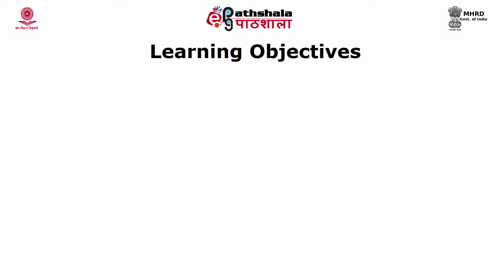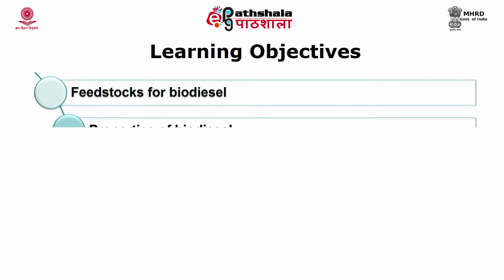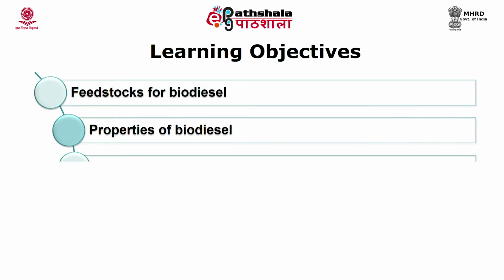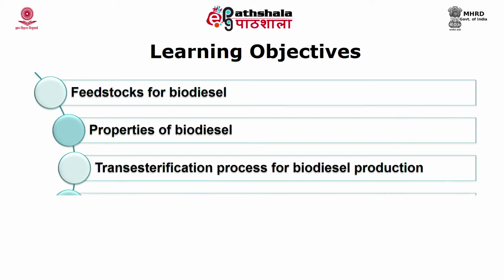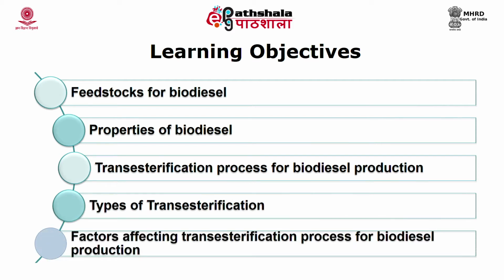So, nowadays R&D is more focused on non-edible crops which are indigenous to our country, like Pongamia, Mahua, etc. In this module, we will be dealing with biodiesel, what is esterification, how biodiesel is produced from the transesterification process, what are the different types of transesterification, what feedstocks are used in biodiesel production, and what are the factors affecting biodiesel production by the transesterification process. We will also see the advantages and the demerits of biodiesel utilization.